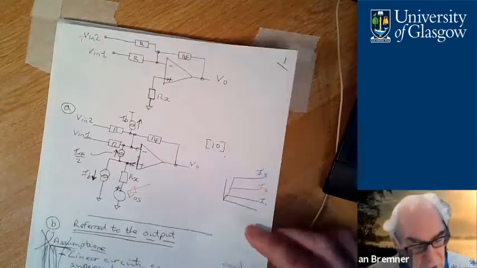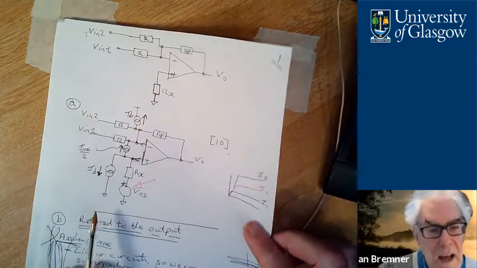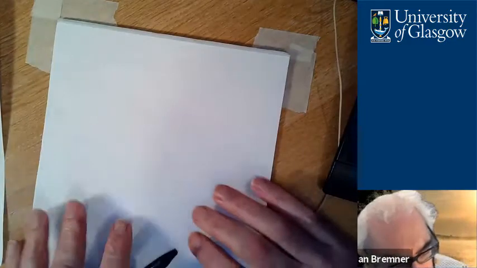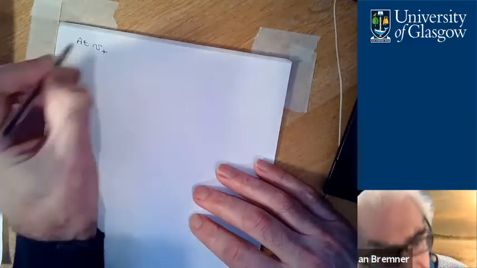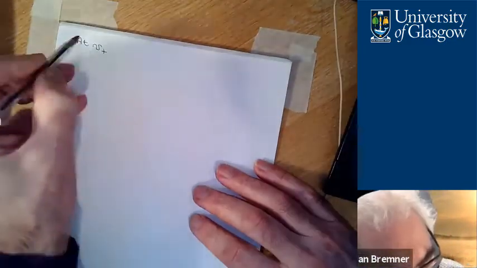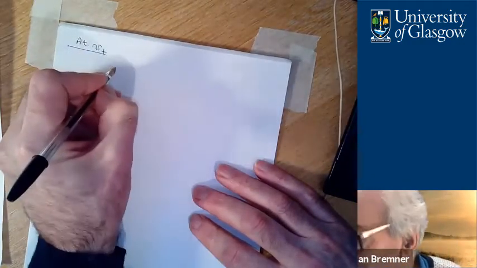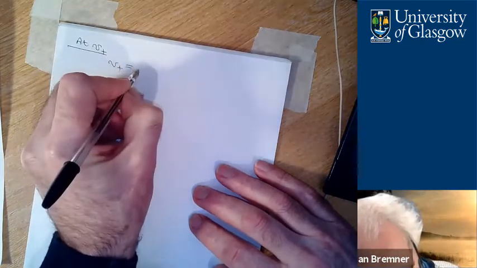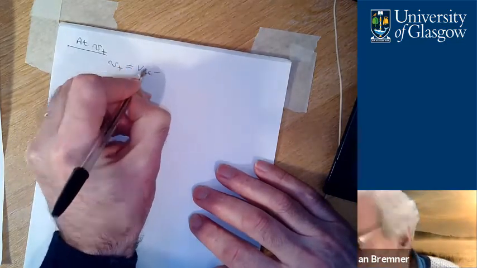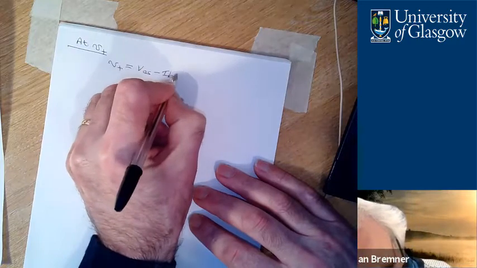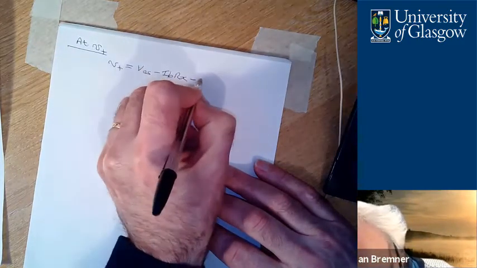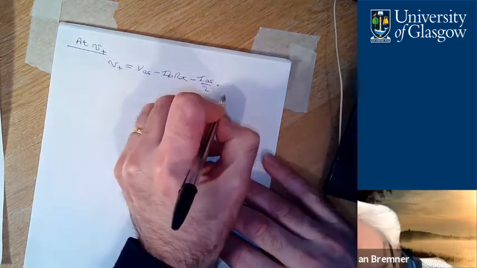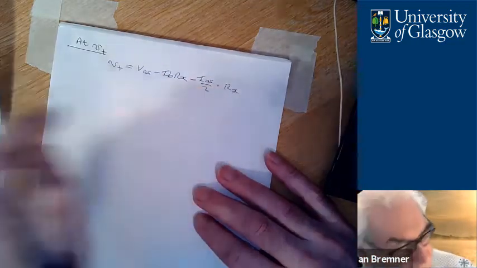Now, if we go back to our little circuit here, we can start doing the analysis. First of all, at the terminal V plus, V plus equals VOS minus IB Rx minus IOS over 2 times Rx.